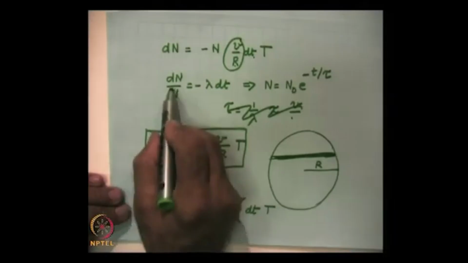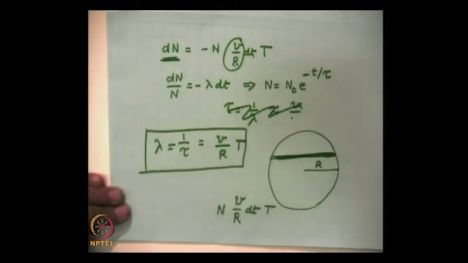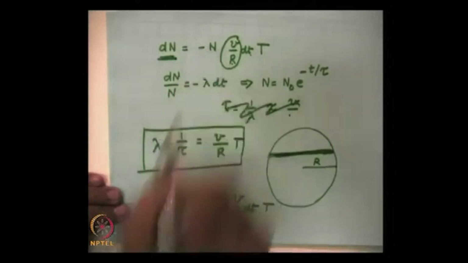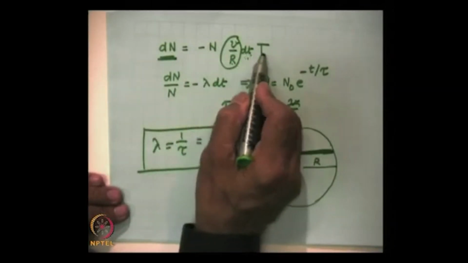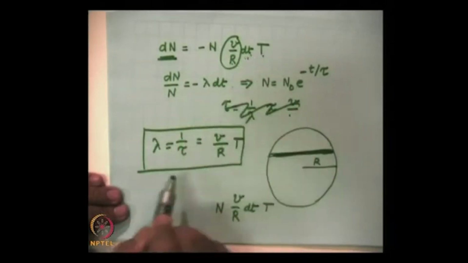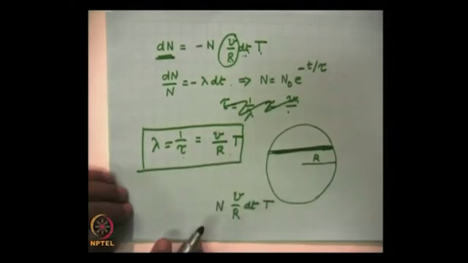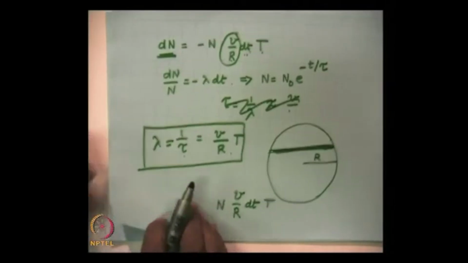So the number of decays, denoted by dn, and because n decreases there is a minus sign: minus n V by R dt times T. If I write lambda as so much, then tau is 1 over lambda, so lambda equals 1 by tau equals V by R times T.